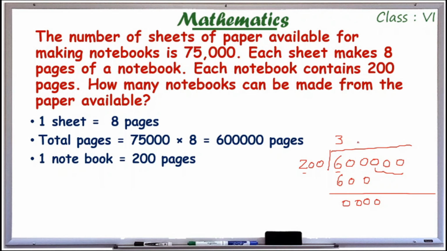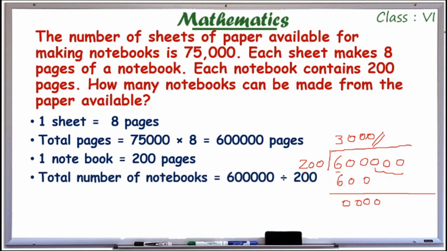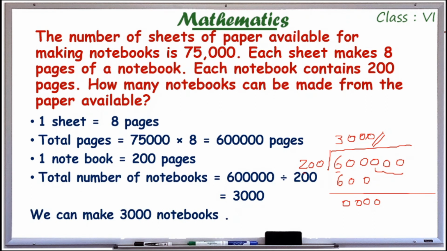So we can directly give the zeros to the result. 3 zeros are additional. So 3000 is the answer. So we can make 3000 notebooks.